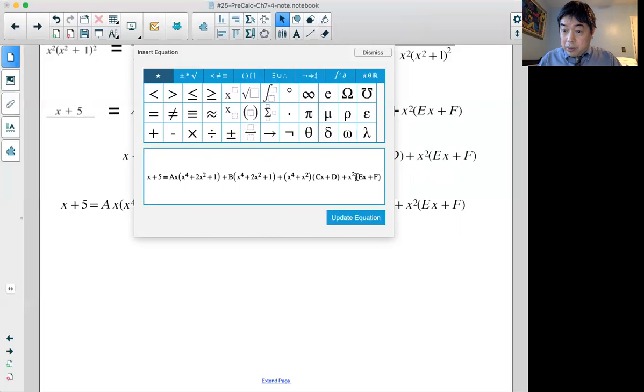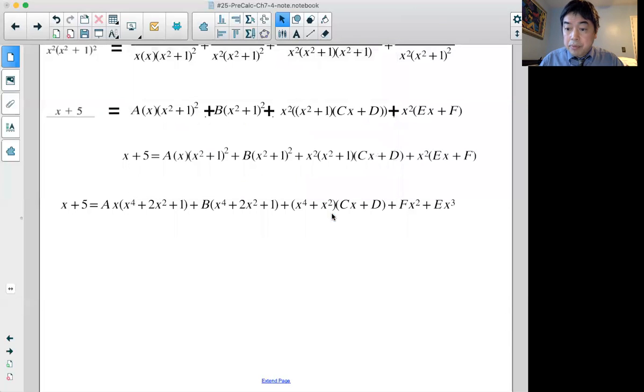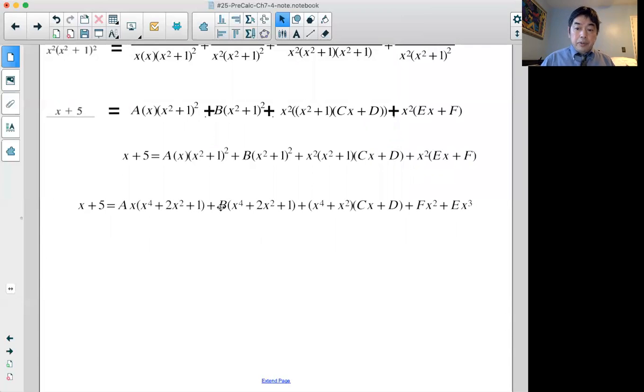So x squared times x is x to the third power and f x to the second power. Okay. All right, second stage, we distribute here.